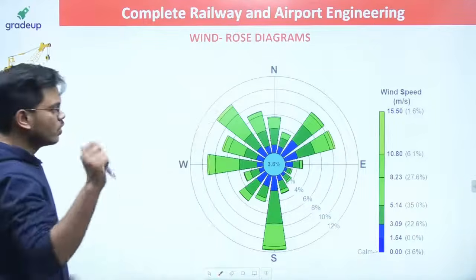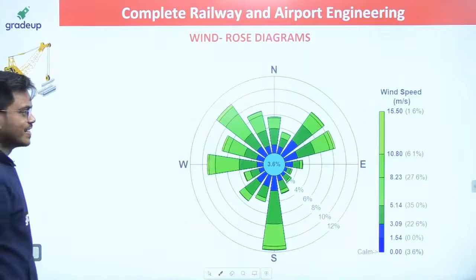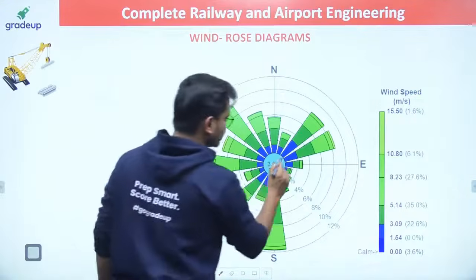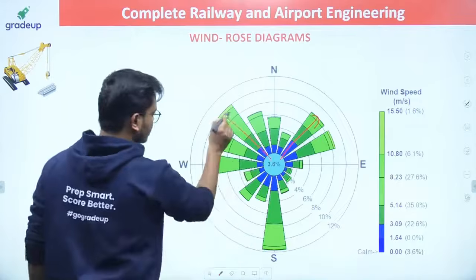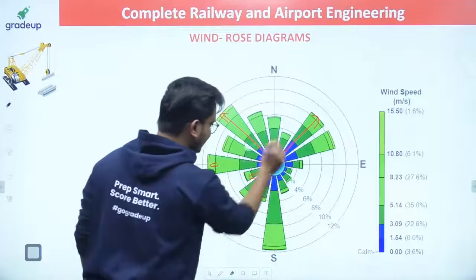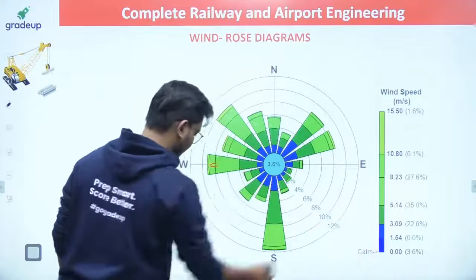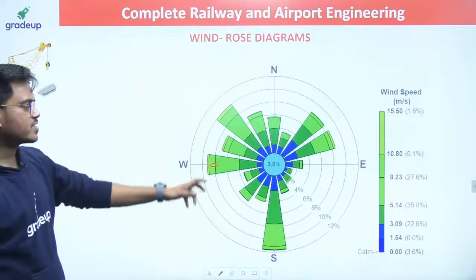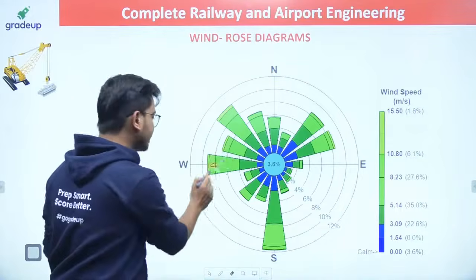Understand. First, it is telling you the direction of the wind. So in this direction, this much wind is here, this much wind is here. So in every direction, you are getting different winds, right? Other than that, it is telling you the wind intensity as well.